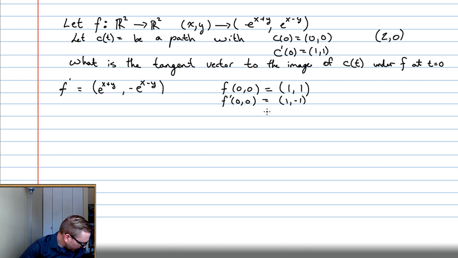We've got matrix multiplication. The derivative matrix of f maps the tangent or velocity vector of a path C to the tangent or velocity vector of the corresponding image path.